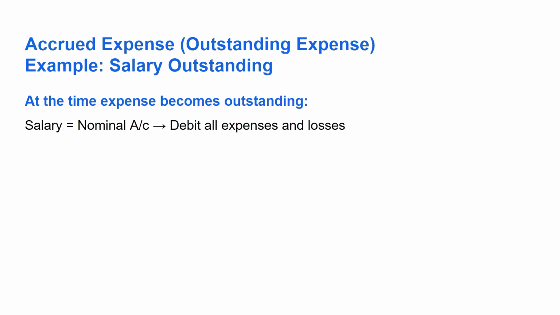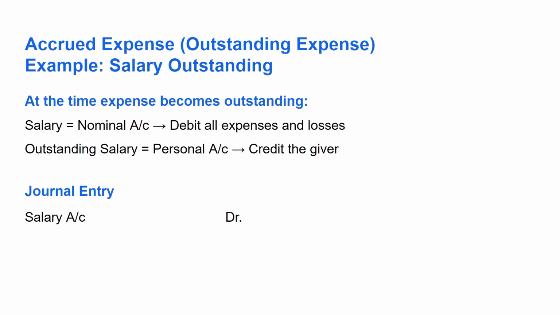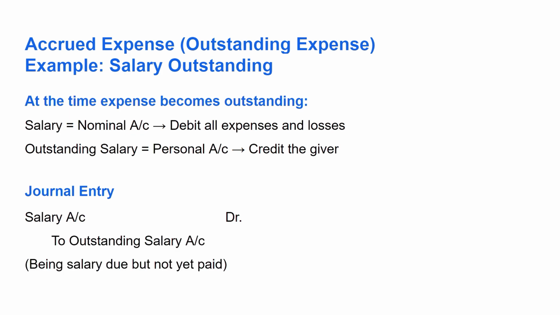Salary account is a nominal account, and we debit all expenses and losses. Outstanding salary is a personal account, so credit the giver. The journal entry is salary account debit to outstanding salary, and the narration is being salary due but not yet paid.